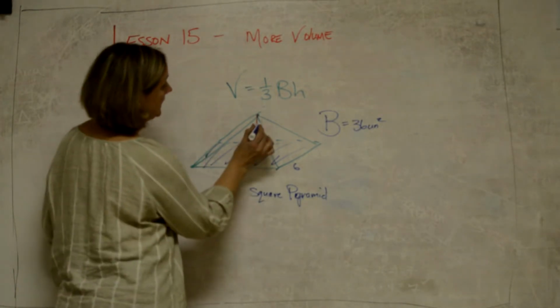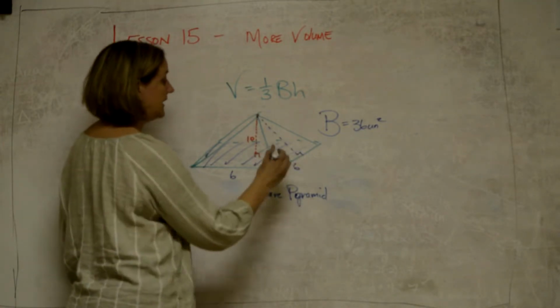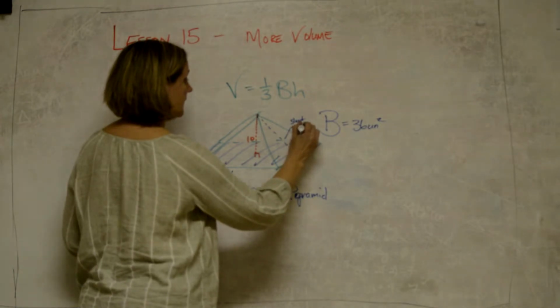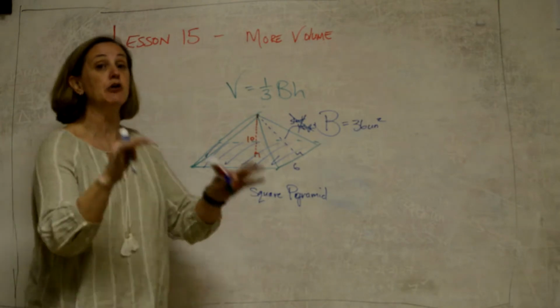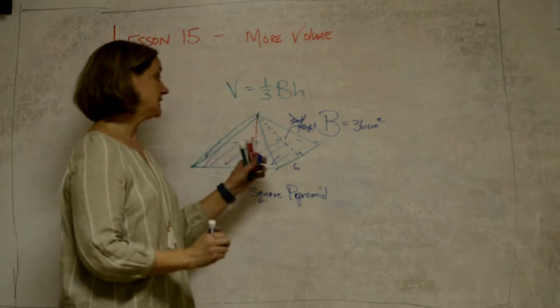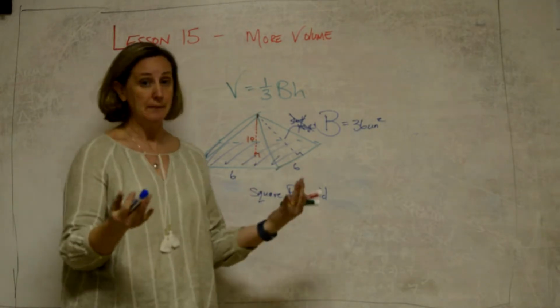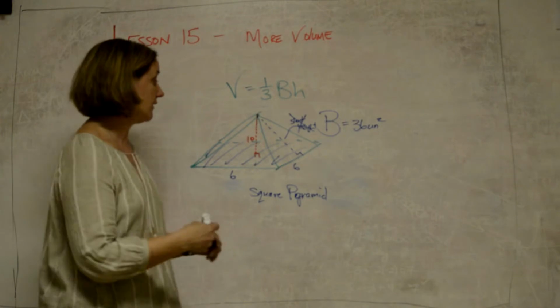If I were to measure down this way, that is called a slant height. And a slant height, I'm sorry to say, is completely irrelevant when we're trying to calculate volume. It's important if I'm figuring out how much wrapping paper it would take to cover it, but it is not important when I'm figuring out volume.